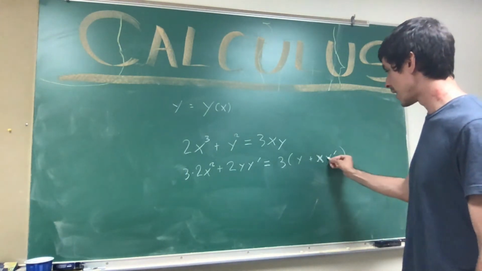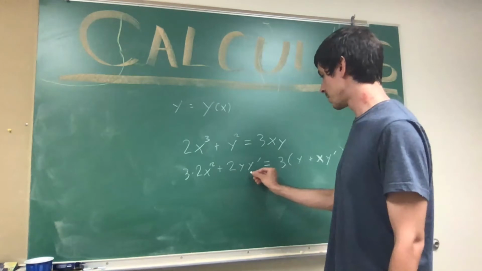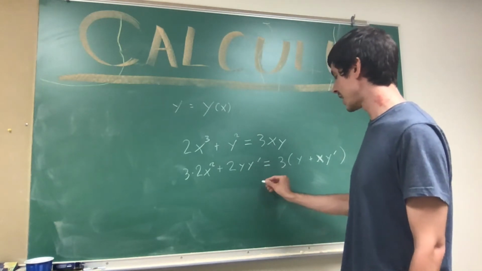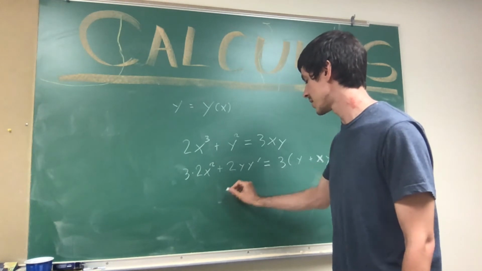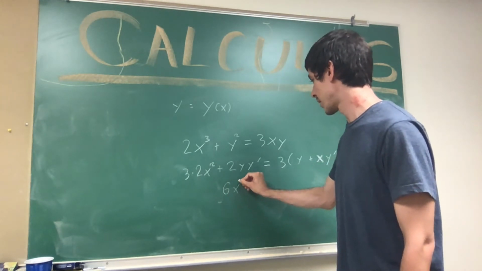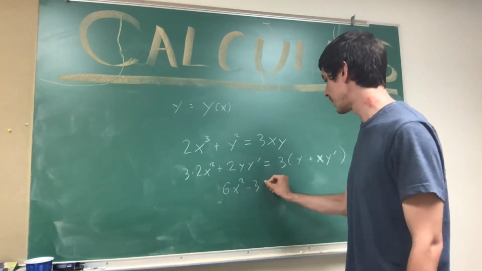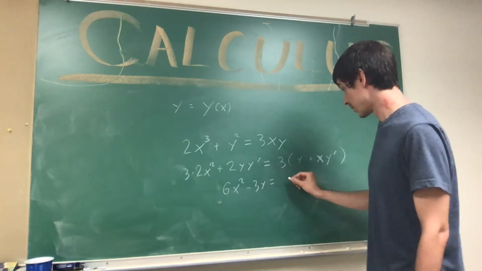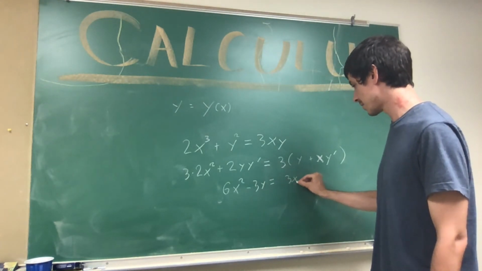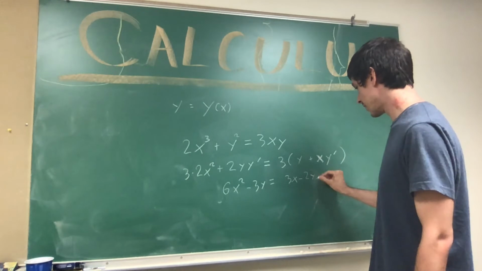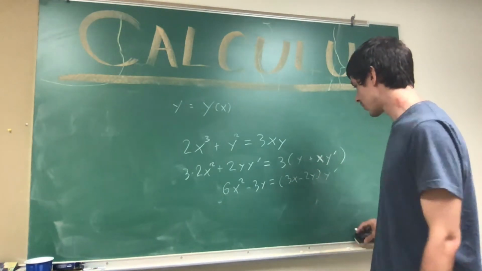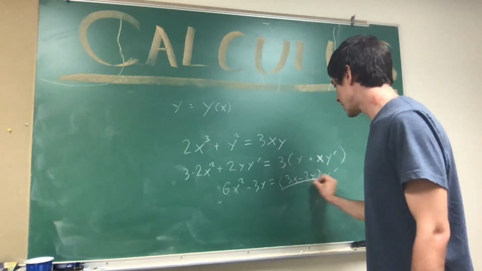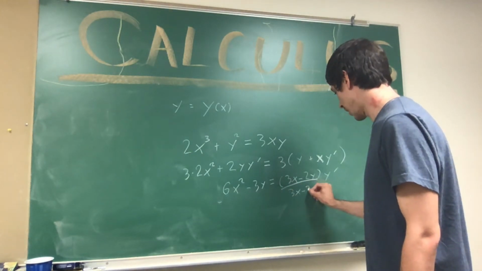And then we could move all the y primes to one side and then divide. So we could rearrange this to 6x squared minus 3y equals 3x minus 2y times y prime, just by rearranging, and then we can divide both sides by 3x minus 2y.